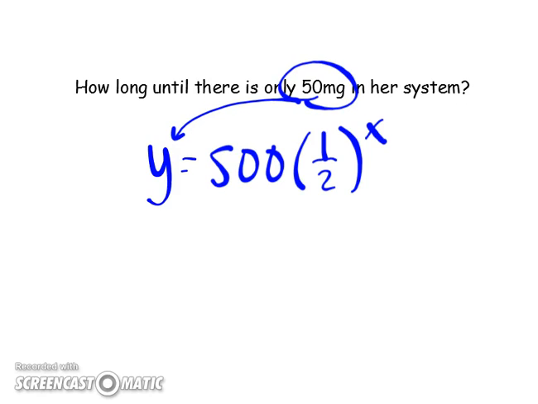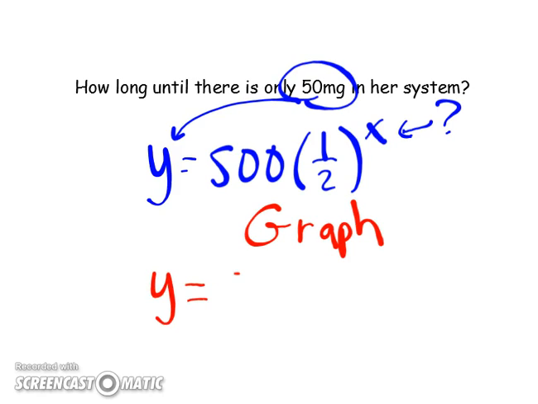But if we plug that in for y, we don't know how to solve for x as an exponent. So this is when we went to our calculator and said, okay, now is when we're going to have to graph this, because we can see it on the graph. We want to know when y is equal to 50. So instead of plugging that 50 in for y, we're going to graph both of these equations on our calculator.